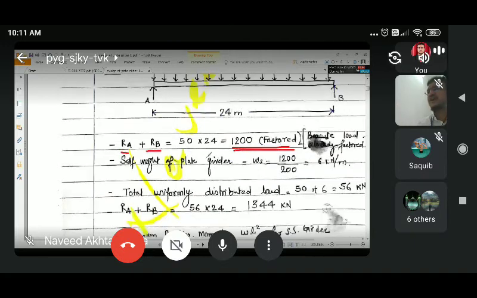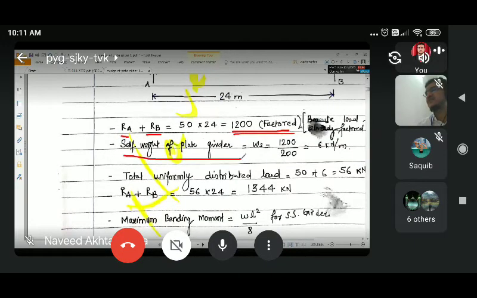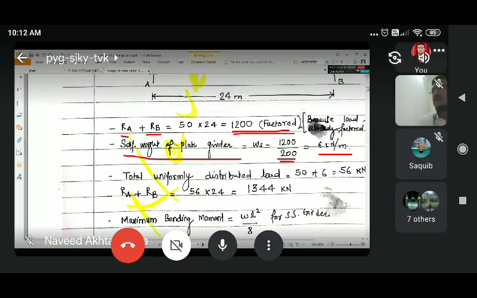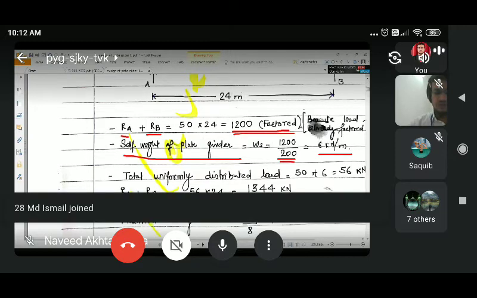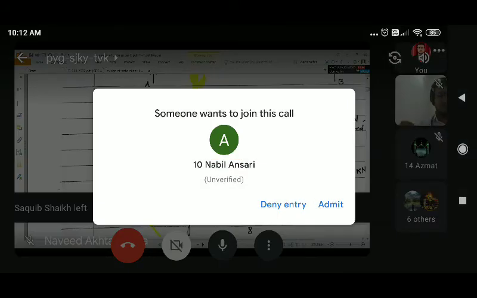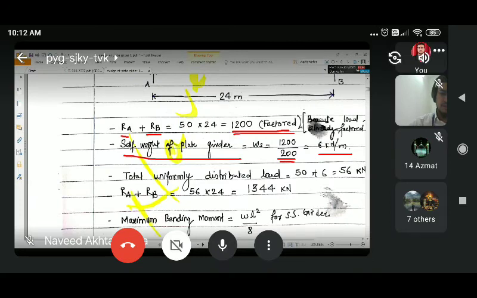Then you can find or add the self weight of the girder. Whatever the total factored load coming, divide by 200 and you will get the self weight. So self weight of the plate girder is 6 kilonewton per meter, and we also consider it as a UDL.